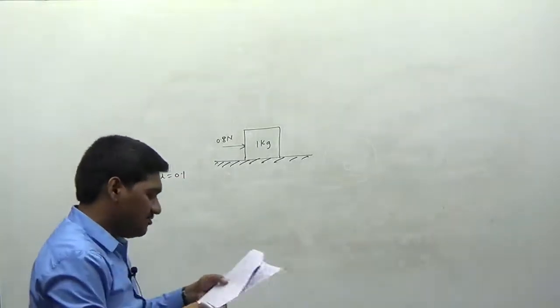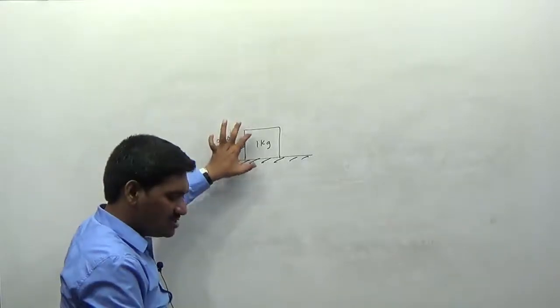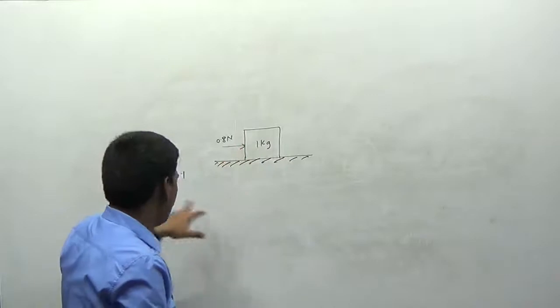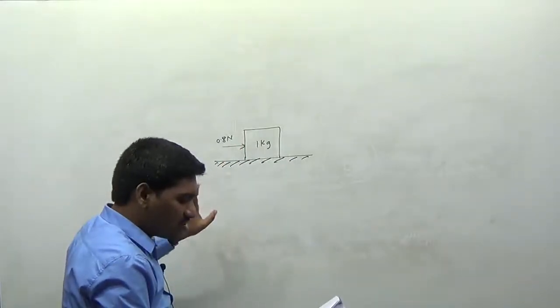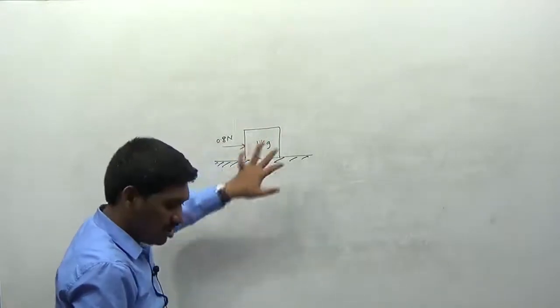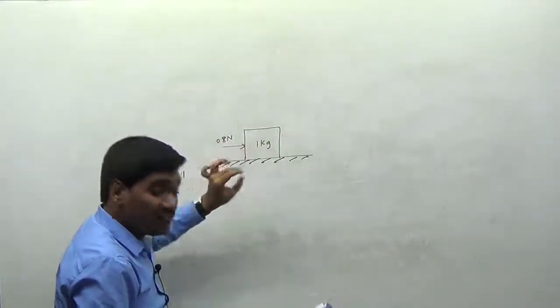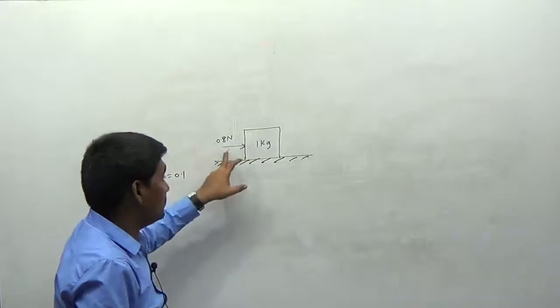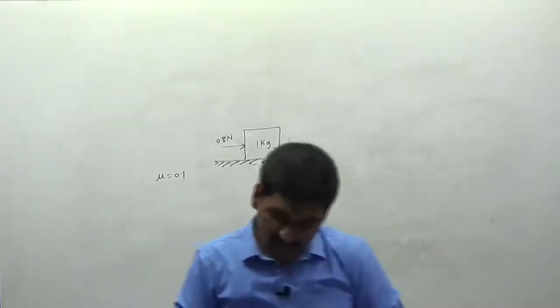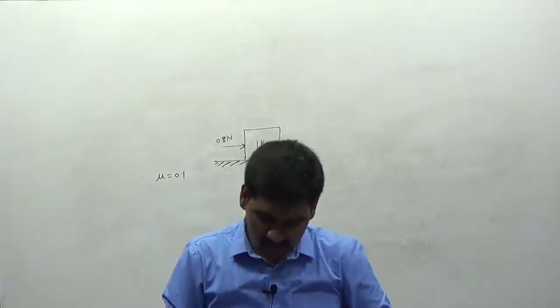Okay, so read the question carefully. A block of 1 kg is resting on the surface with the coefficient of friction equal to 0.1. A force of 0.8 newtons is applied to the block. We are applying this force on this block here. The frictional force is, now if you apply this much force, what is the frictional force he was asking? Just think of it. Now see here, this problem was given for 2 marks in the previous question paper.